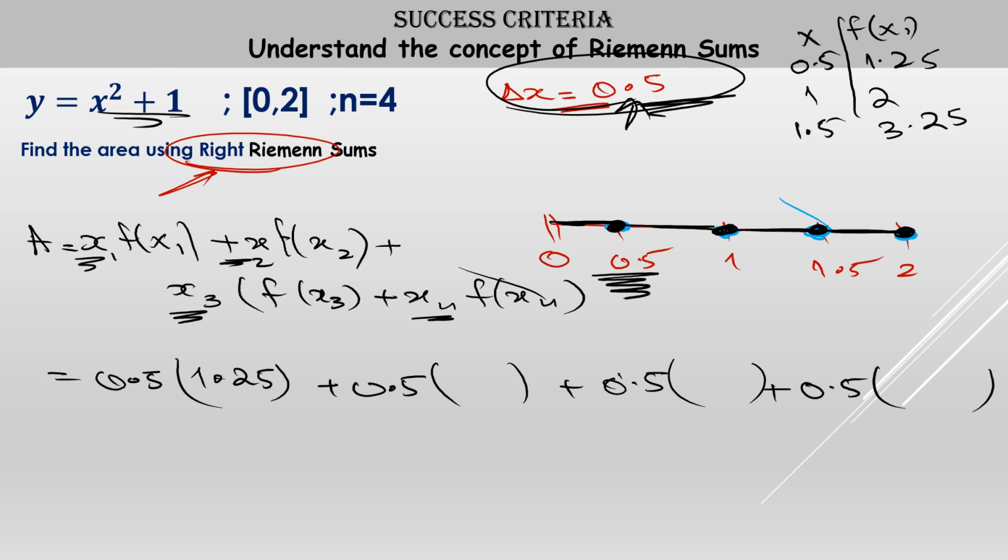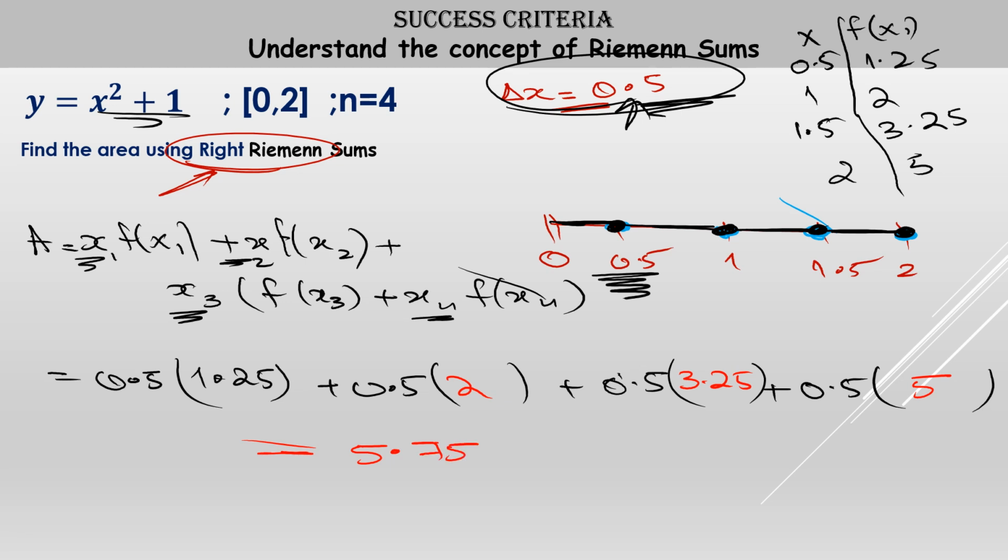And when you write the 2, you will get the 5. So put all these values in the equation. On 0.5, I have 1.25, then I have 2, I have 3.25, and then I have 5. So if I write all this in the calculator, I will get 5.75.